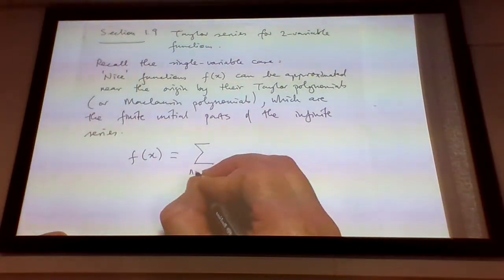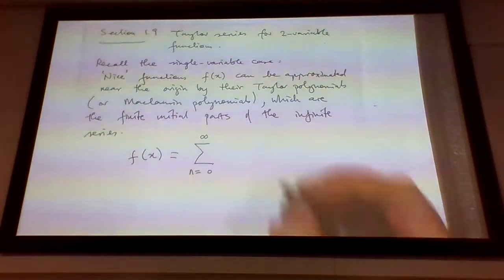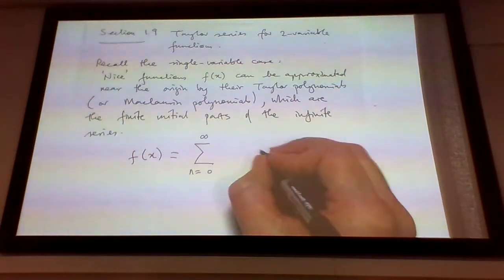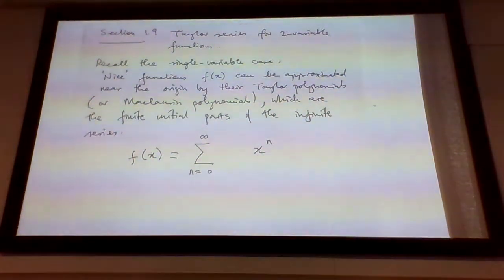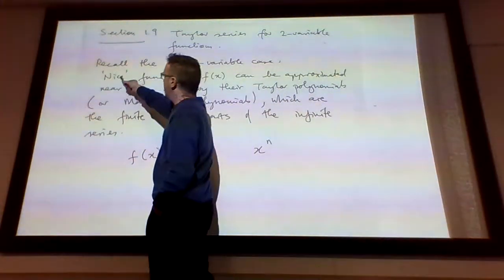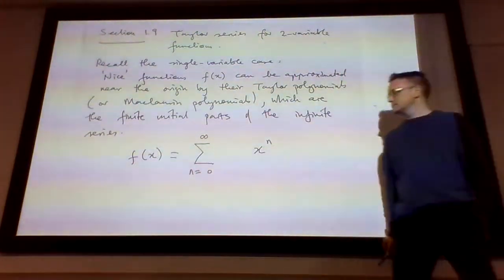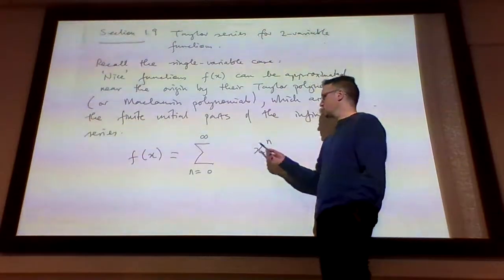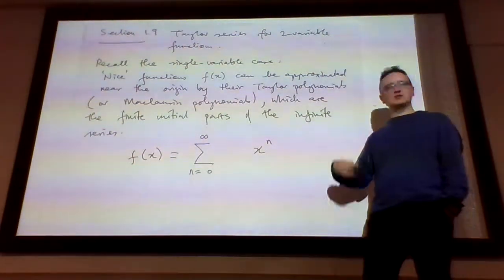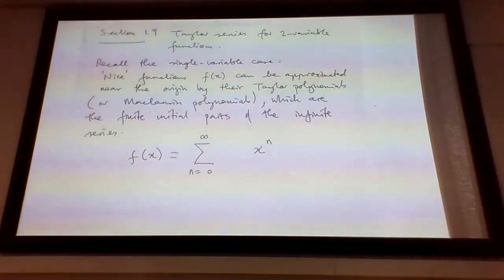It's an infinite sum, and it gives you a particularly nice standard representation of the function. Leave a bit of space in here for the coefficient, but this is an infinite polynomial series. So it allows you to express any nice function as a certain polynomial. So this thing as it stands is just the simple polynomial 1 plus x plus x squared plus x cubed and so on. Of course, there is a coefficient here, which comes from the function f.